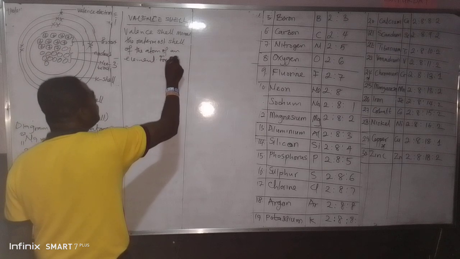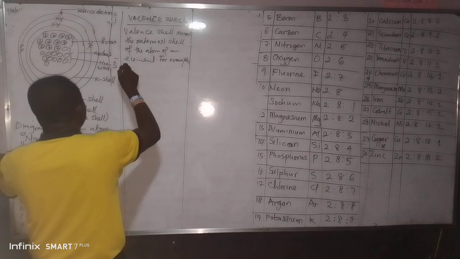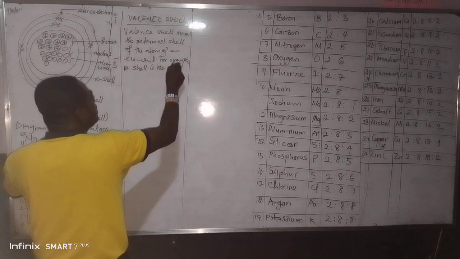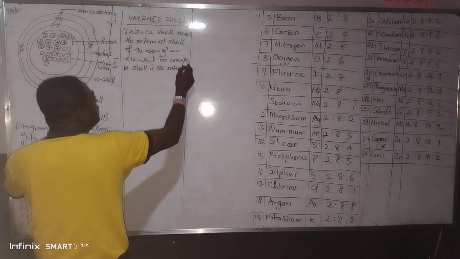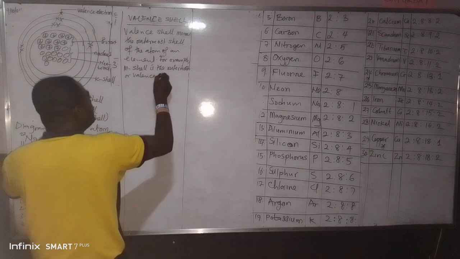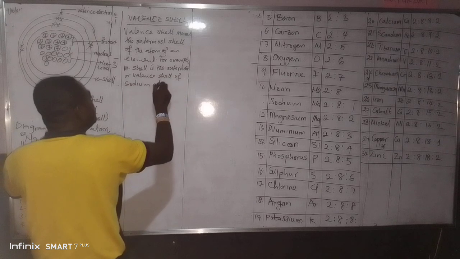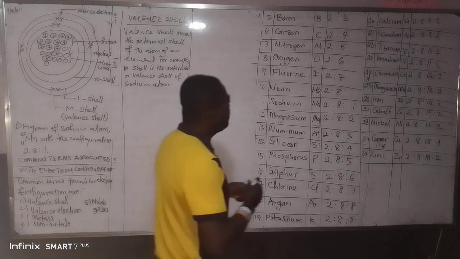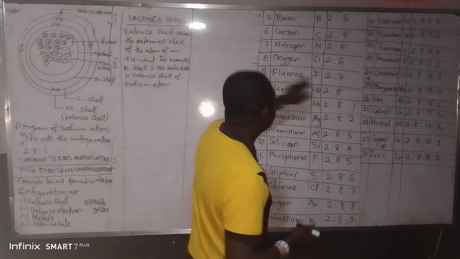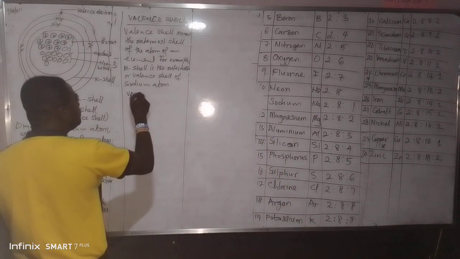For example, the M shell is the outermost, or valence shell, of the sodium atom. For yourself, what about neon? K, L, this L shell. For fluorine, 7. So, like that.